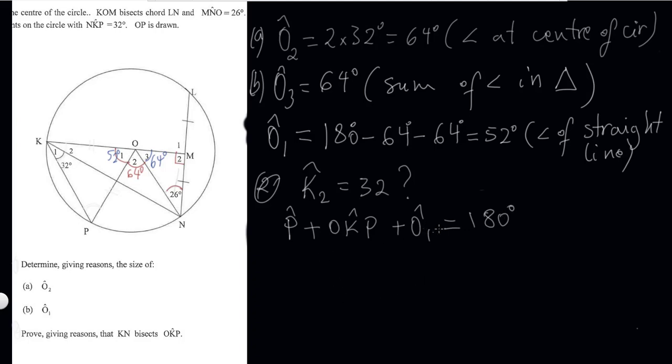If you try your calculation here, because these two angles are equal, since this is a radius and this is a radius, angle OKP will give you 64 degrees.